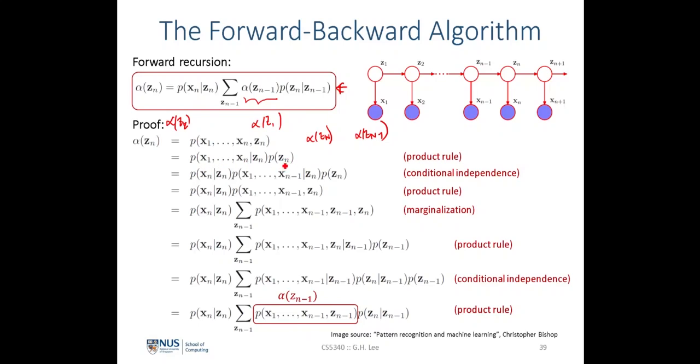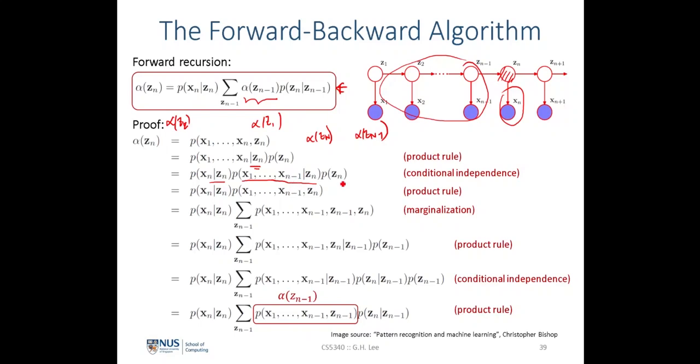Then, since this term is conditional upon zn, we can make use of conditional independence. If we observe zn, all these terms are going to be conditionally independent of this xn over here. Hence we can rewrite this conditional probability into these two product terms over xn and x1 all the way to xn minus 1.